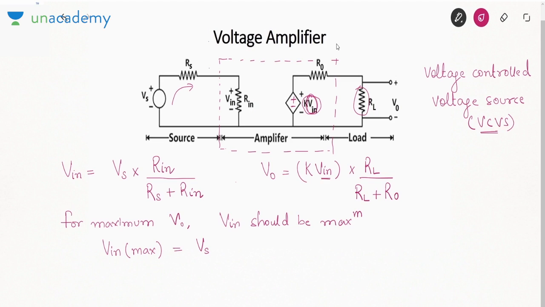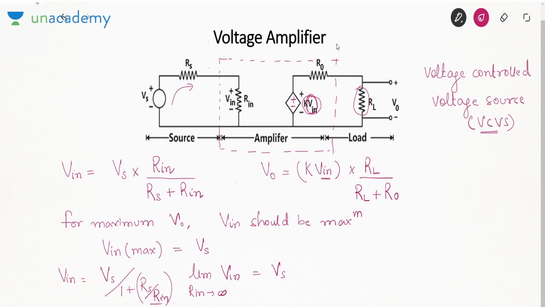How can it happen? See, Vin is Vs over (1 plus Rs over Rin). Now if you write Rin tending to infinity, the term inside the bracket will tend to 0.